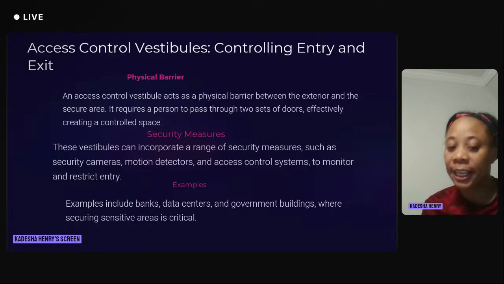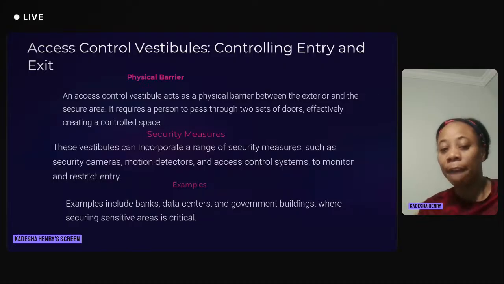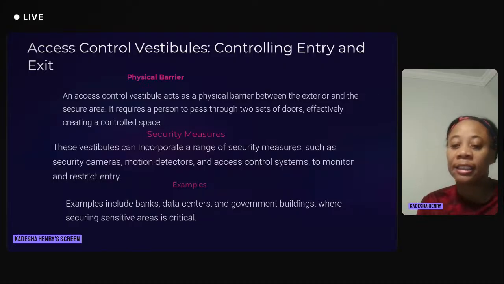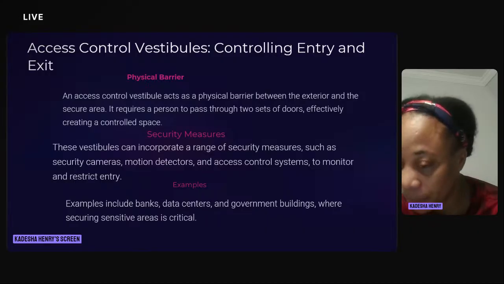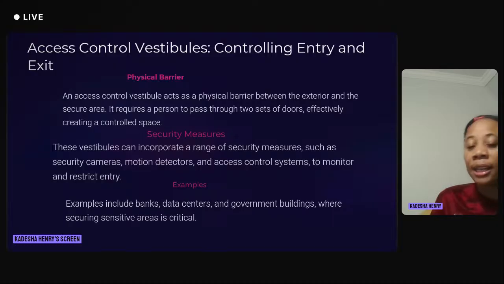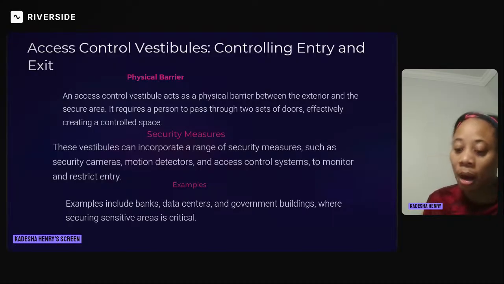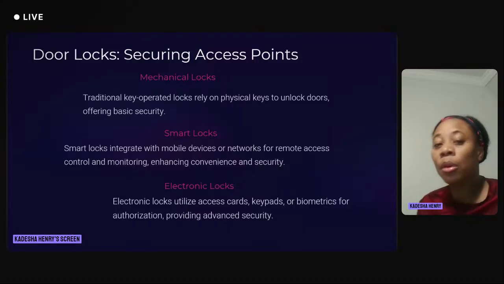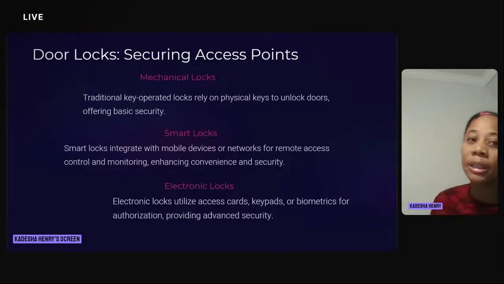And again, like I said, you can find these at banks, data centers, and government buildings where securing sensitive areas is critical. So when you go to the bank, you may see this kind of access control point because of the sensitiveness of the data. It is very important that these are implemented as part of their security measures.